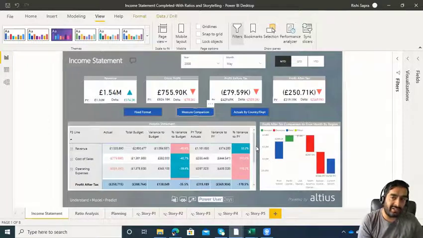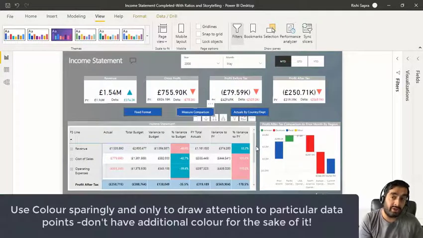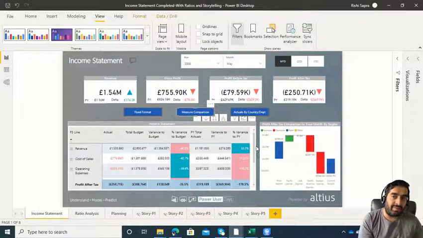And this is the idea, to use color to draw attention. So use it sparingly, don't overuse color, don't have rainbow charts, and use it to draw attention to the right thing. So use simple colors. So we've got here red and green for positive or favorable and unfavorable, and just use those to highlight favorable or unfavorable results. Something very simple color pattern like that. Everything else keep as neutral colors like grays and things like that.